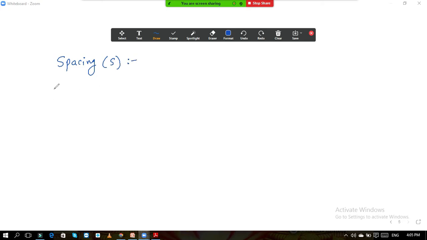Firstly we will calculate the spacing. S is equal to the area of a single bar divided by Ast provided, multiplied by width 1000.